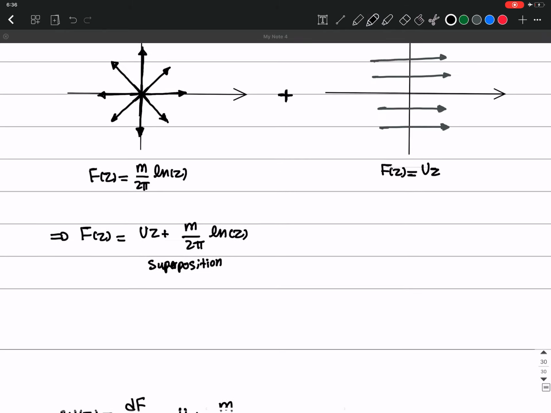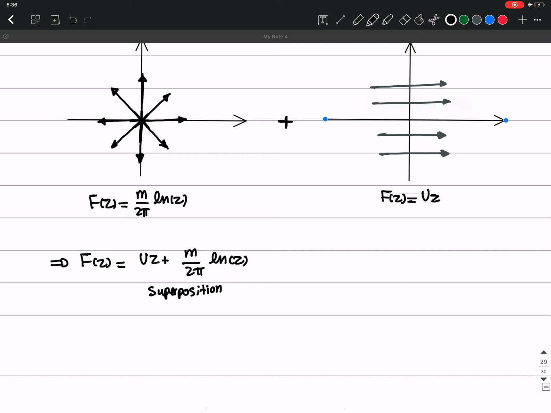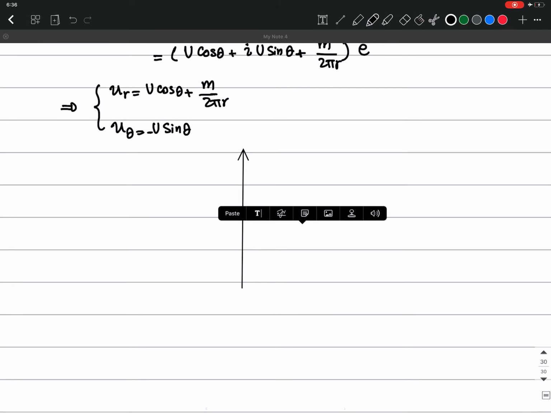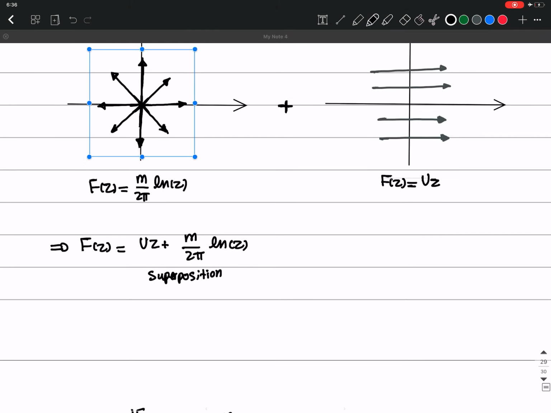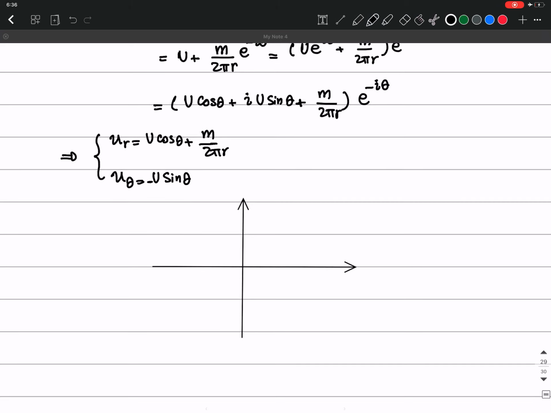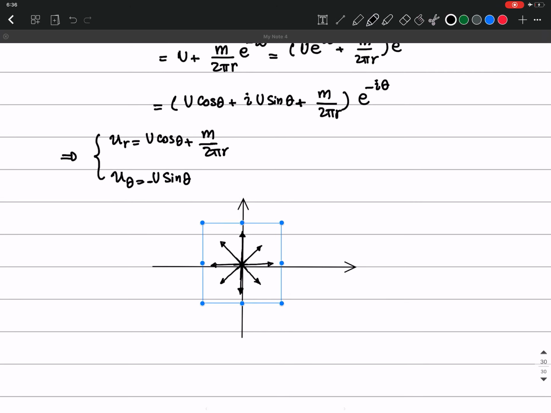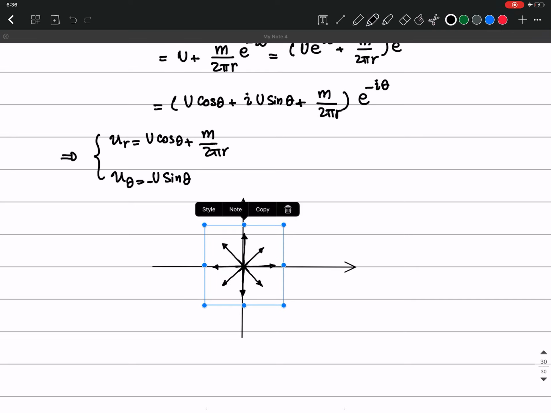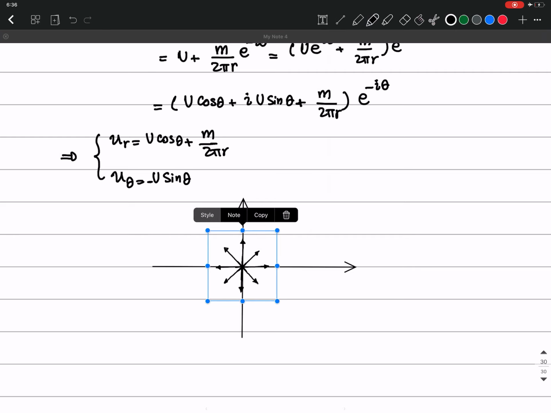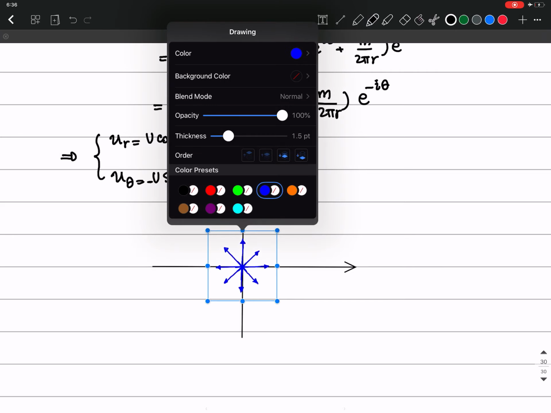So let's do that here and see how they look if we plot them together. So say we have a source at the center. So I just copy this here, slightly smaller, and then I make it blue.